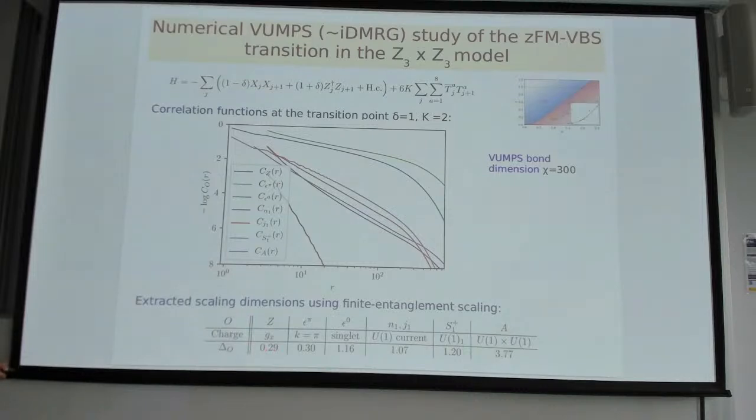The ferromagnet and VBS have actually the same scaling dimension 0.3. Again, if you do it in the Heisenberg chain, there are log corrections, so it's very hard. Unless you know about the log, it's very hard to see the correct exponent. But you actually see pretty close to 1 over R. Well, you actually see something like 1 over R to 1.2. Yeah, maybe. But that's a big difference. That's in the other direction.